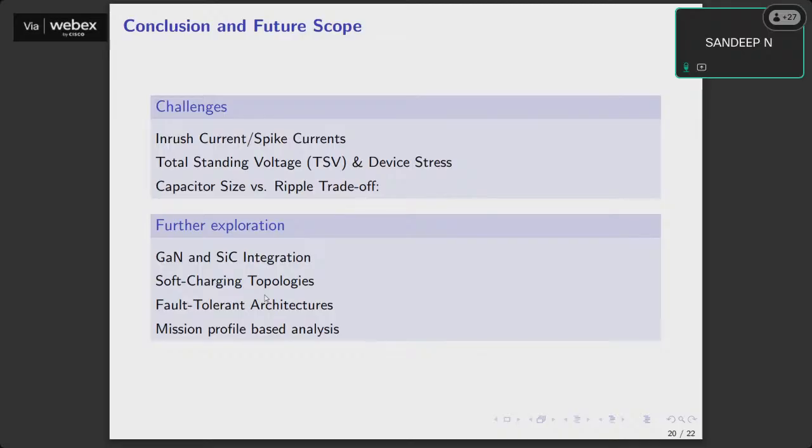That is where the mission profile comes into the picture. When you subject the inverter to real environmental values like temperature and irradiation, then we will know how our inverter functions. Keeping that in mind, we can reverse engineer and try to improve the lifetime of the inverter.